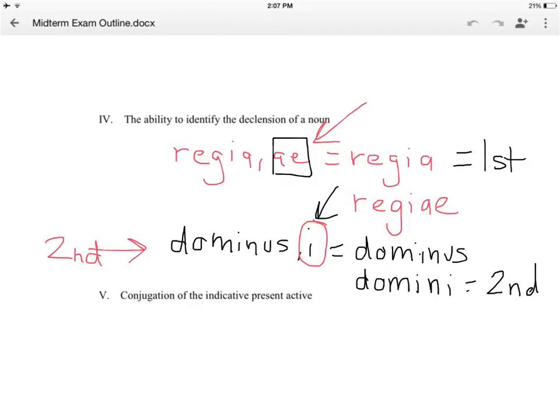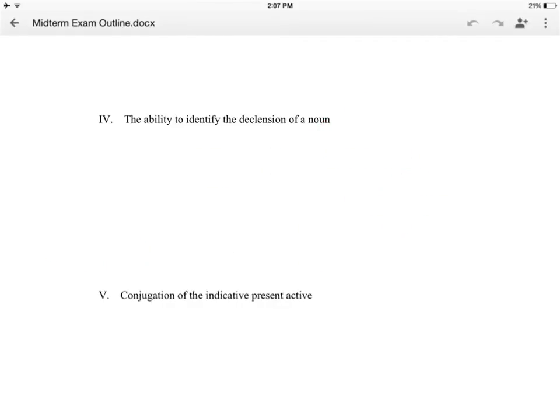So don't look at the first thing in the dictionary. That's not as useful as the 2nd thing in the dictionary. Let me illustrate. The first kind of 2nd declension looks like dominus, domini. Another subcategory looks like puer, pueri.